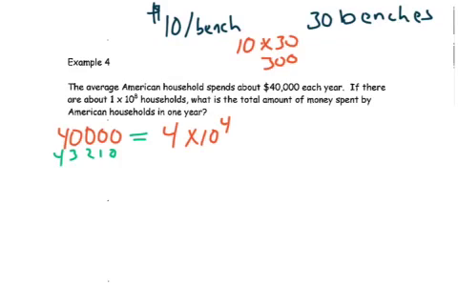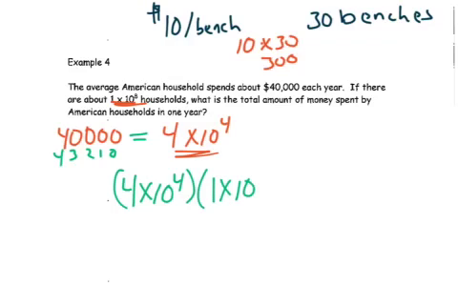And I am then going to figure out, okay, how much is spent by the total amount of households? I'm going to take these two numbers here, and I'm going to multiply them by each other. So 4 times 10 to the 4th times 1 times 10 to the 8th.